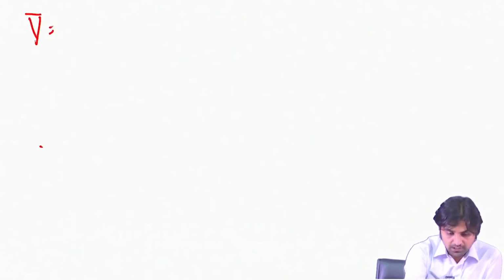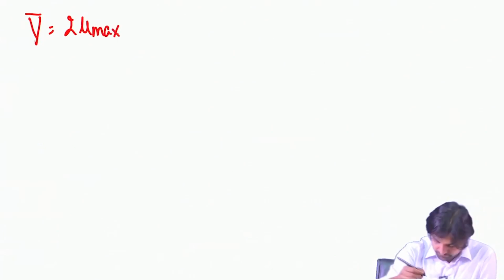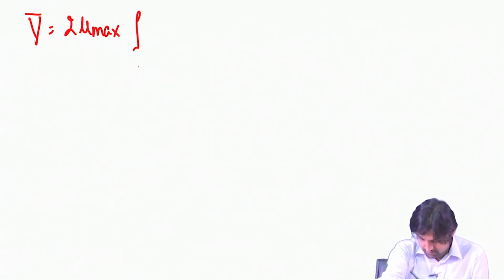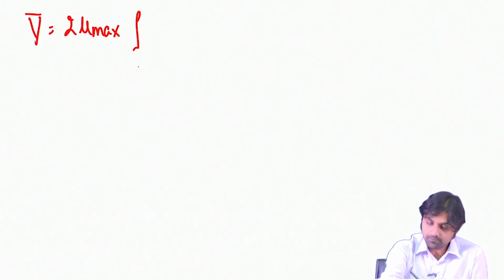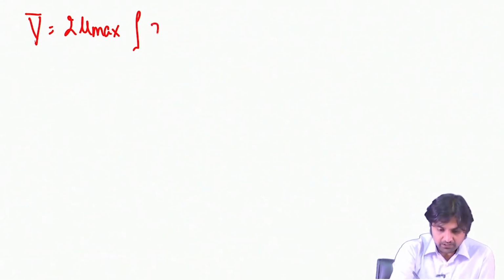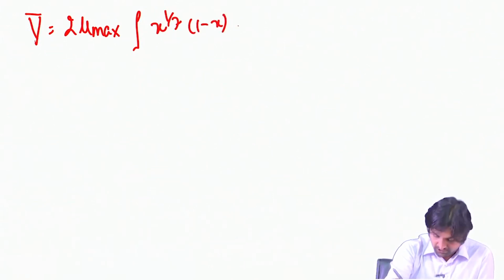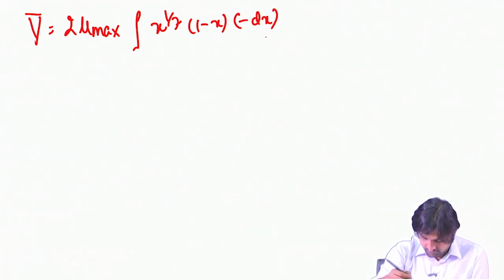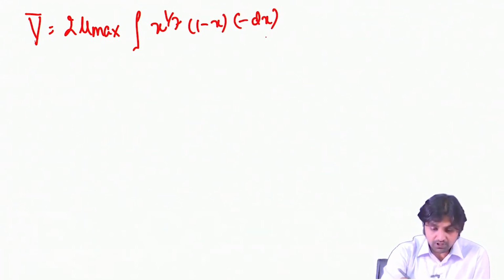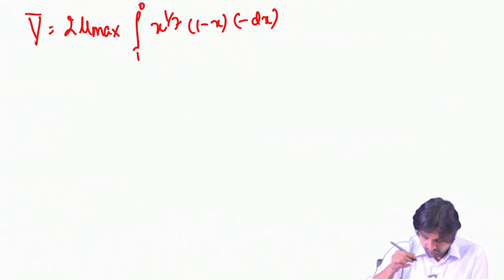Using that, we write V bar is equal to 2 u max integral x to the power 1 by 7 into 1 minus x into minus dx. That is from 1 to 0.